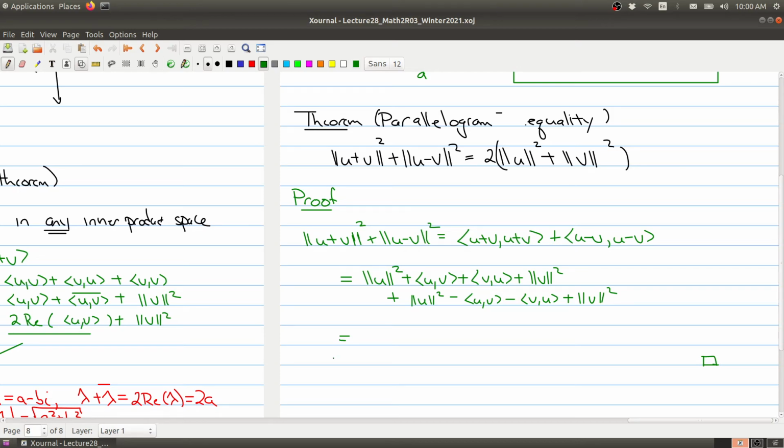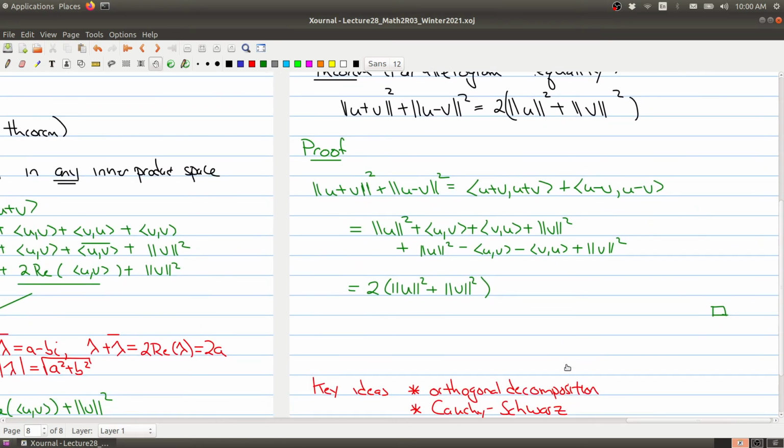And when you do your arithmetic, it all collapses to the desired result. Okay, so there we go. That's the parallelogram equality.